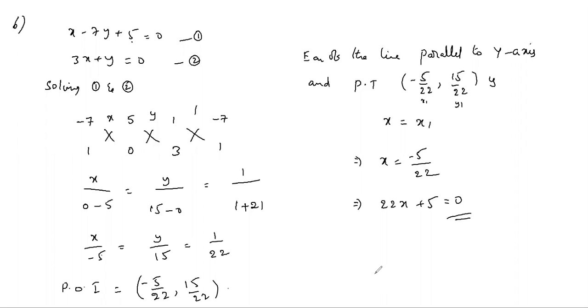Next, seventh one. Find the equation of the line drawn perpendicular to the line and passing through the point where it meets the y-axis. So we have to find the line equation perpendicular to the given line and passing through the point where it meets the y-axis. What is the given line? x by 4 plus y by 6 equals 1.